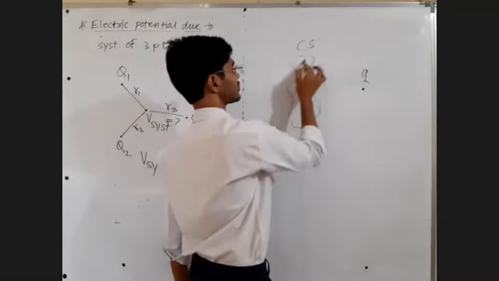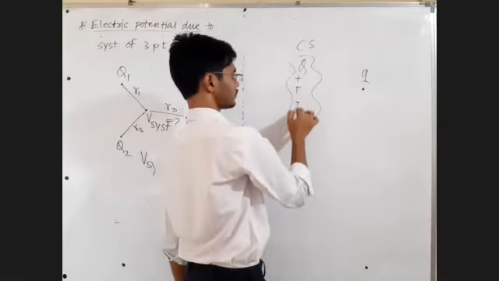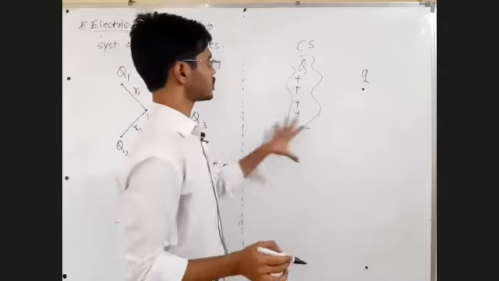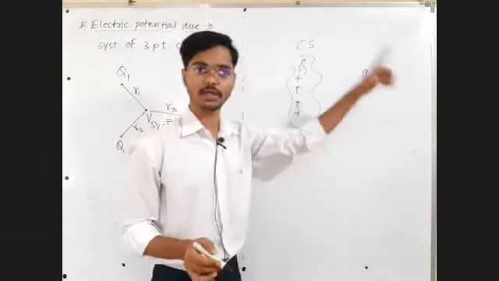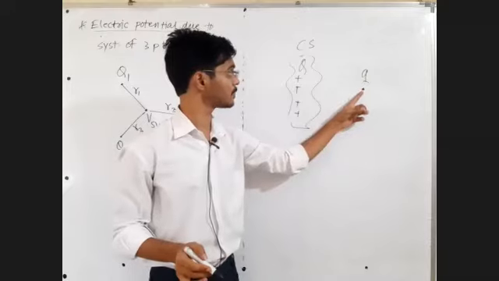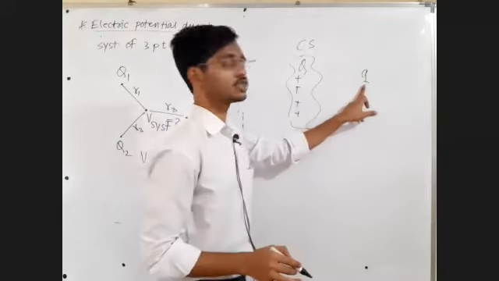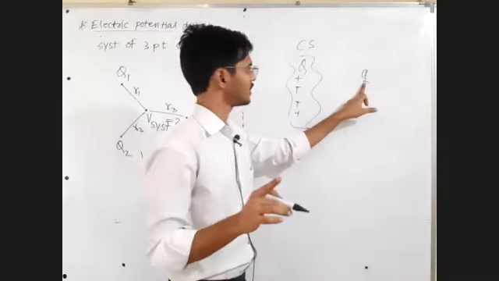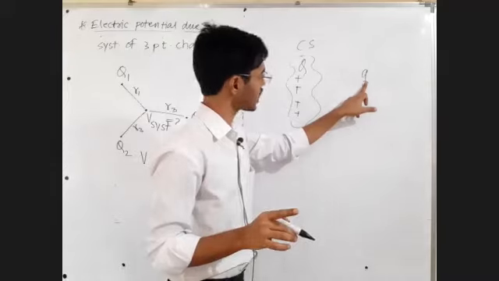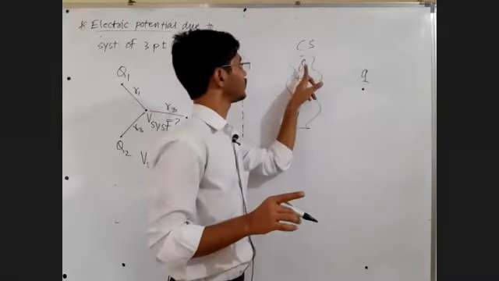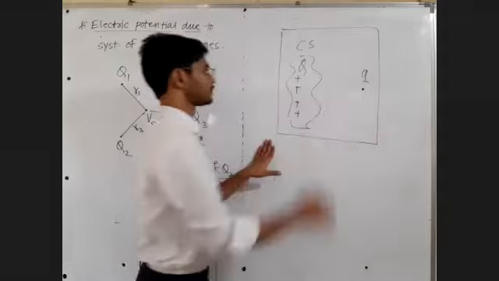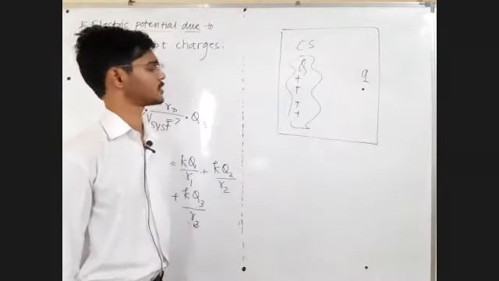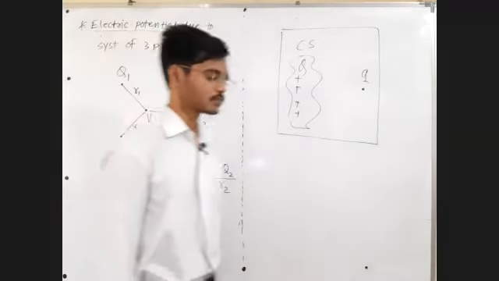This is a charge system, and because of it some electric field will be produced, and in that electric field this charge will be placed. So they are actually saying potential energy of this charge in the electric field of that system. It is actually the interaction energy of this system. Okay, fine.